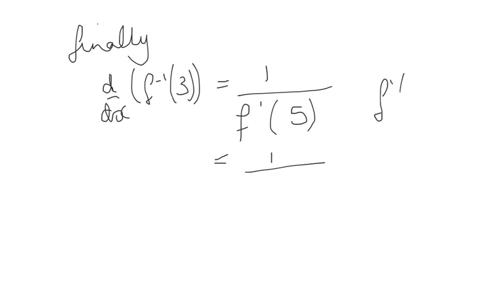F dashed of 5 is negative 2/3. Negative 2/3 goes on the denominator. Dividing fractions, we take the denominator and flip it upside down. Overall negative, 2/3 upside down, its reciprocal, is 3 over 2, and that's our final answer.